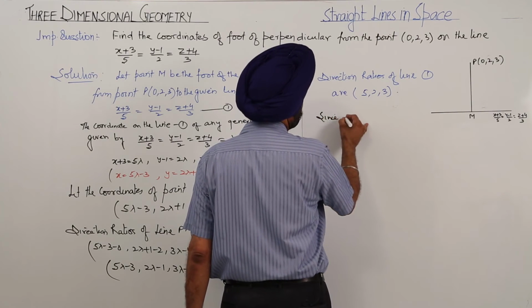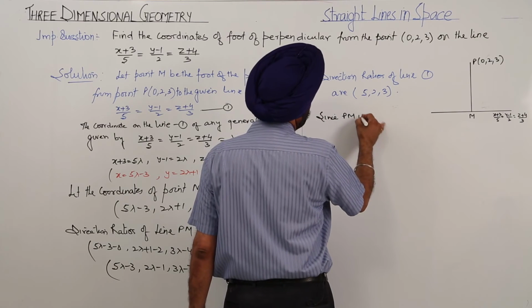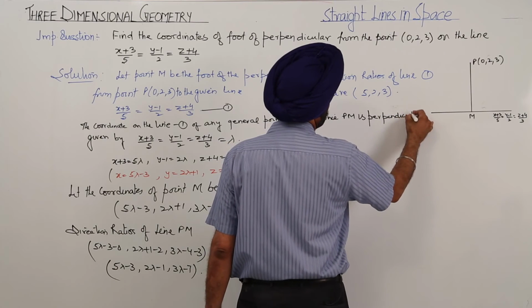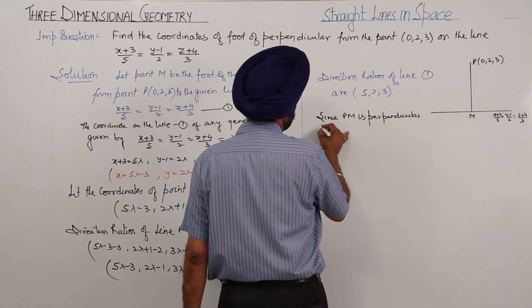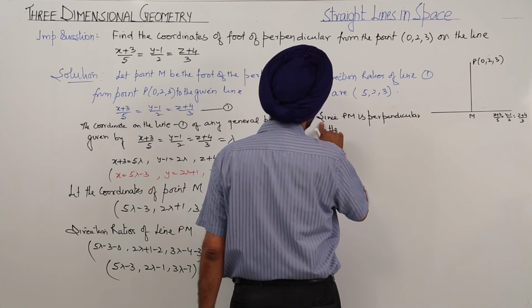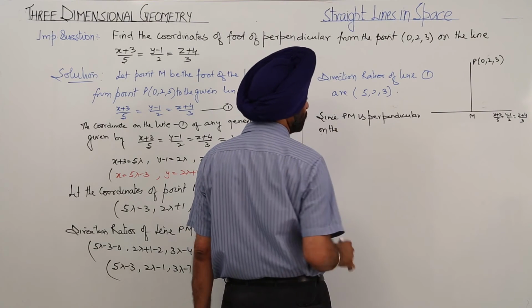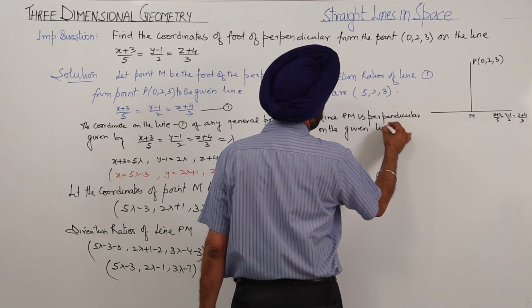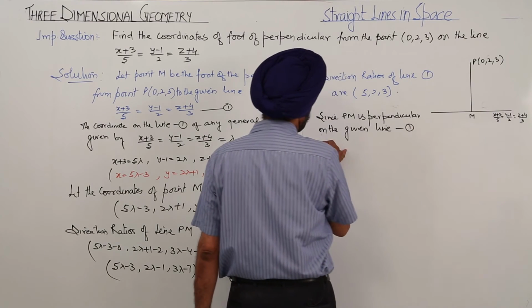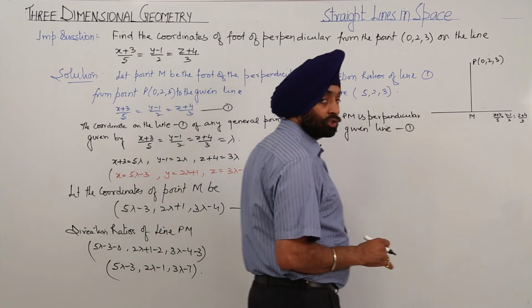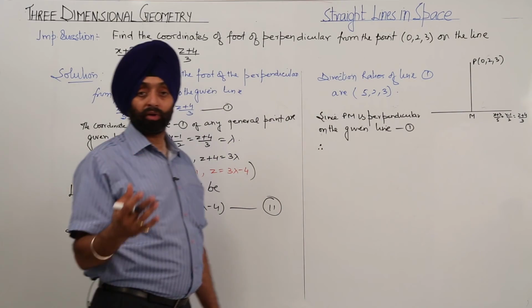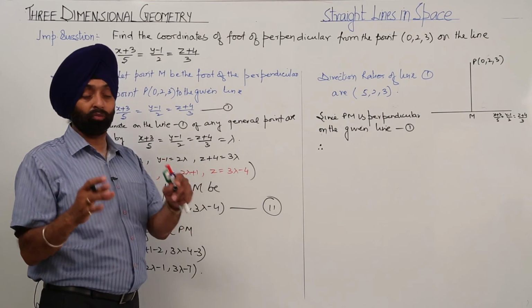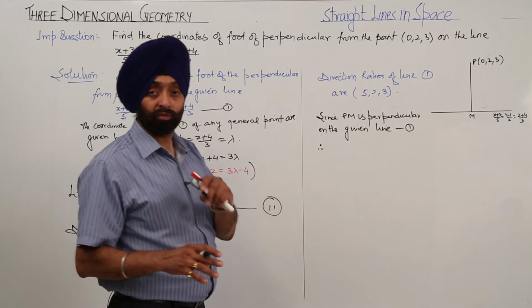Now, since PM is perpendicular to the given line, what is the condition? If a1, b1, c1 are the direction ratios of one line and a2, b2, c2 of the second line, we have the formula a1a2 + b1b2 + c1c2 = 0.